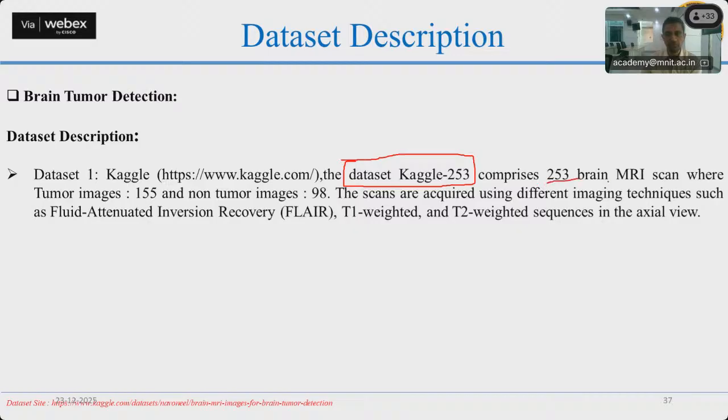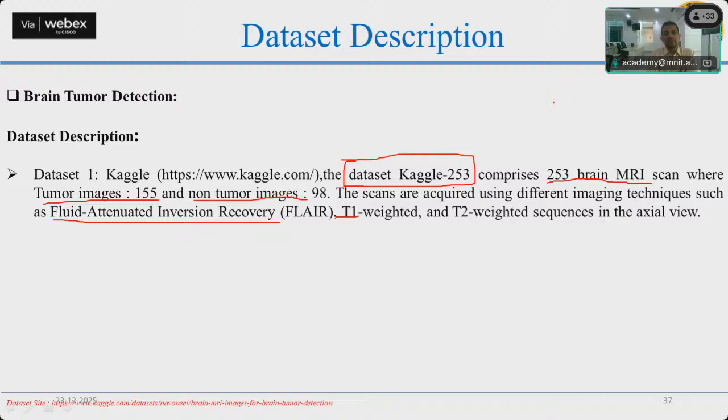It comes with 253 brain MRI scans where tumor images are 155 and non-tumor images are 98. Scans are acquired using different imaging techniques such as fluid attenuated inversion recovery and T1 weighted.